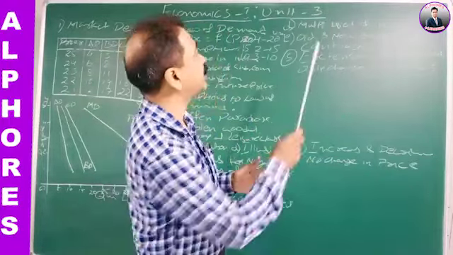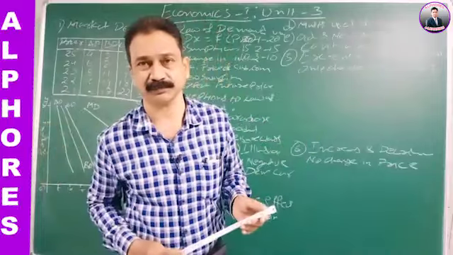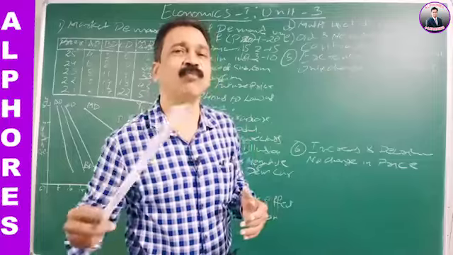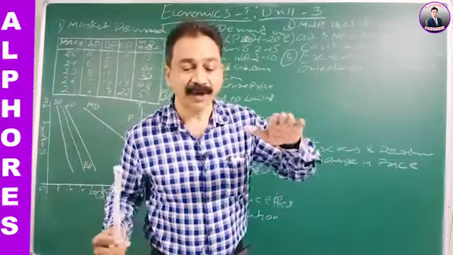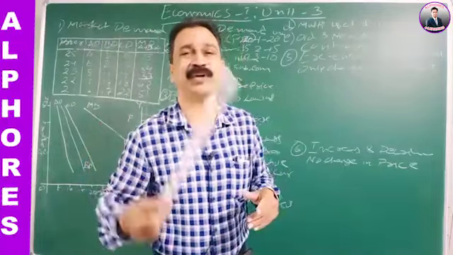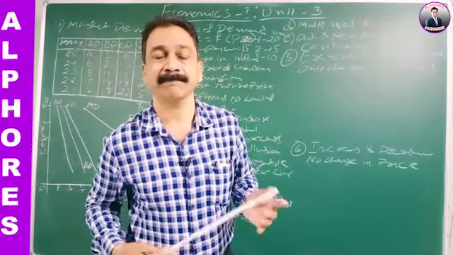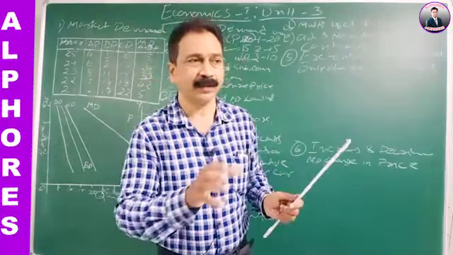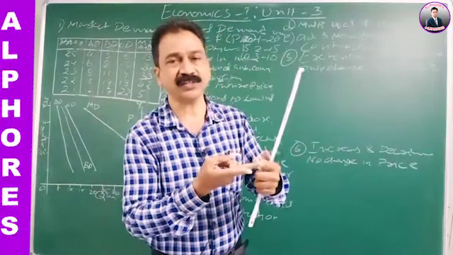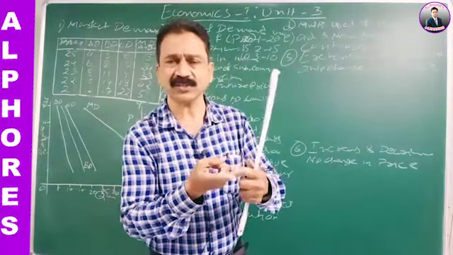Next, multi-uses of goods. Some commodities have only one use, some commodities have multi-uses. The commodities which have multi-uses will have more demand. As the price decreases, people want to purchase more of those multi-use commodities. How does it happen? See, like milk. We can make tea, coffee, curd, sweets, plenty of things, ghee.